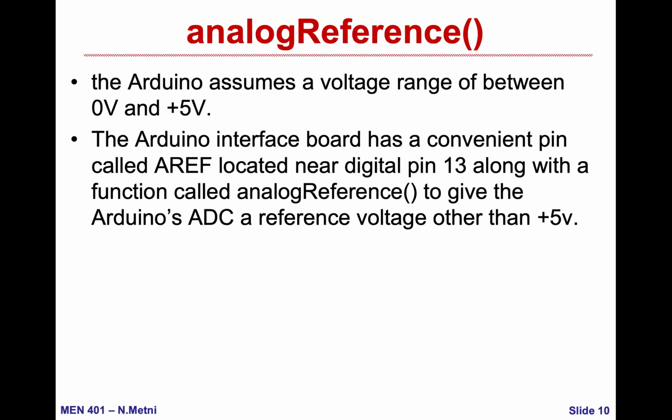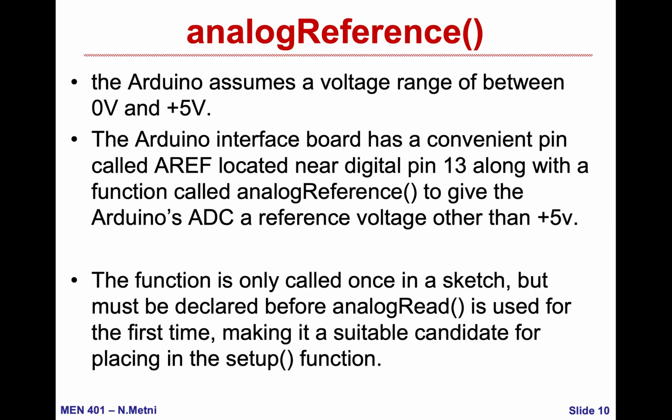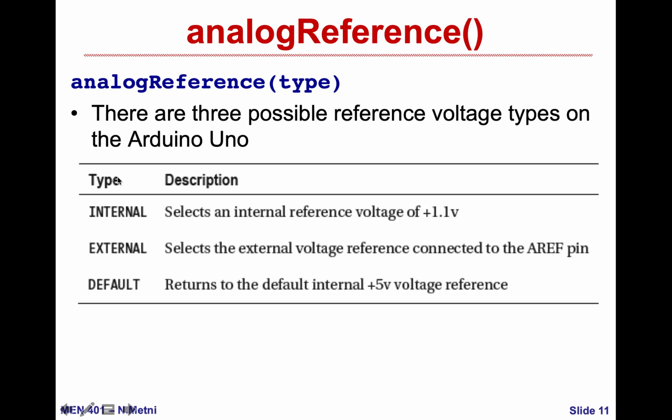The analog reference is a function where you can input one of three cases. The first case is you can put analog reference internal, and in this way you are setting the voltage high to be 1.1 volts. You can put default, and if you don't call it, it is default anyway, but you can call default just to be on the safe side.